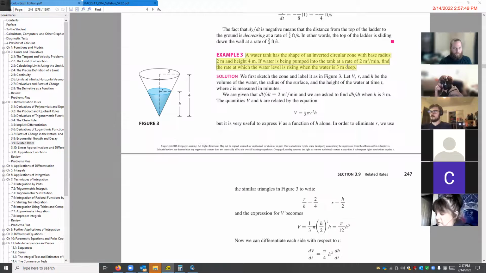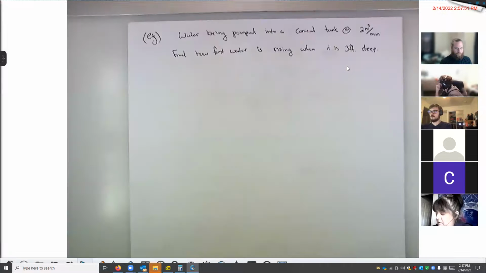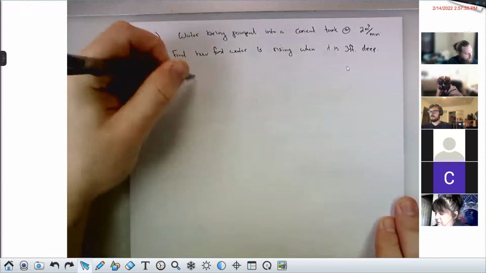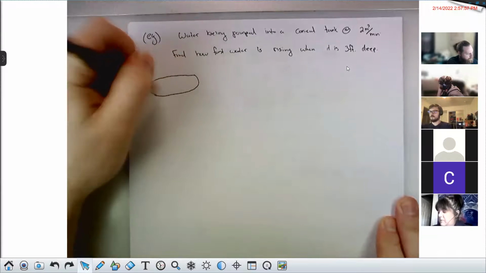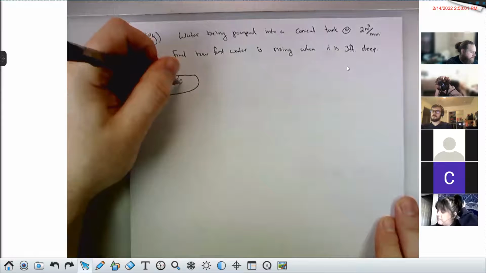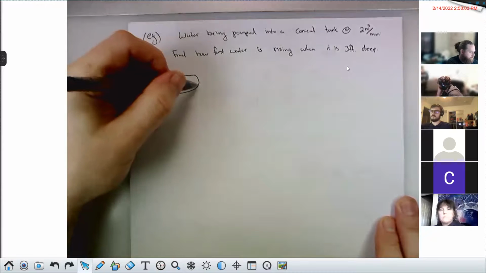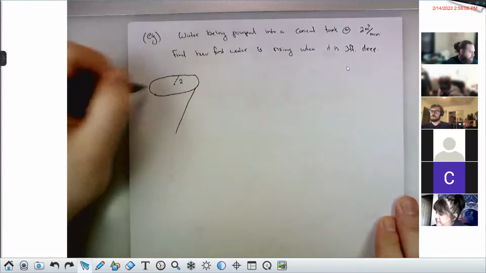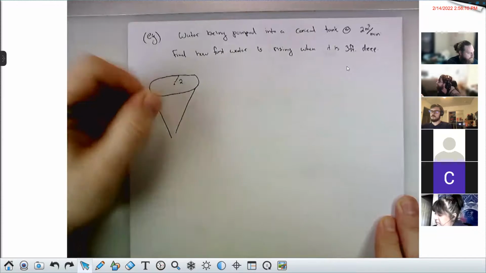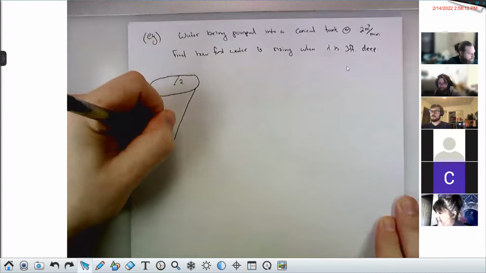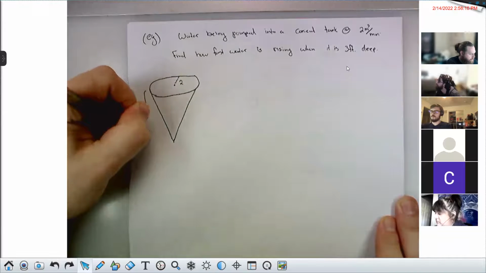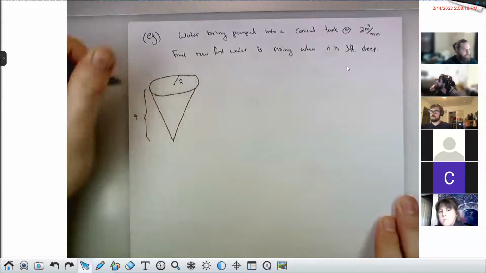Okay, and it was 2, 4. So copy the words down, picture. It's 2 feet. Height of the whole thing, 4 feet.